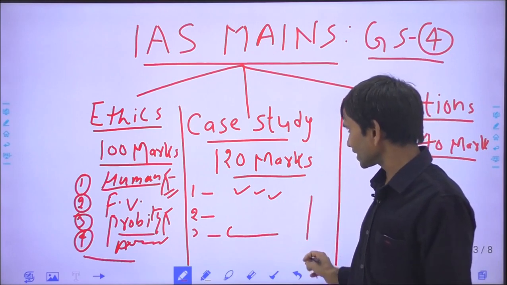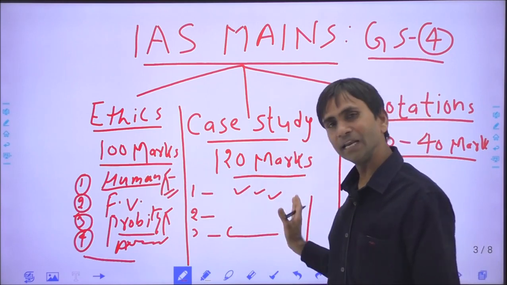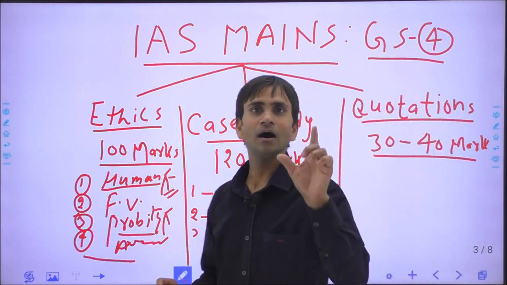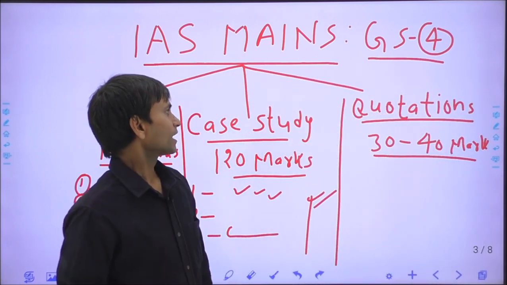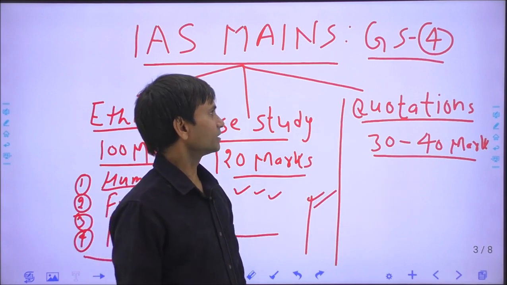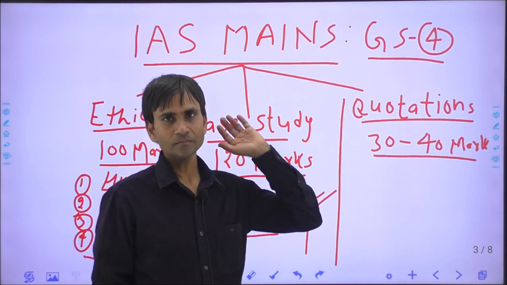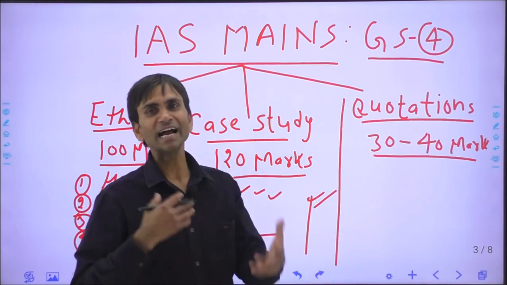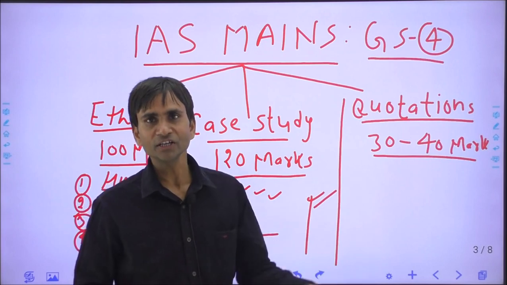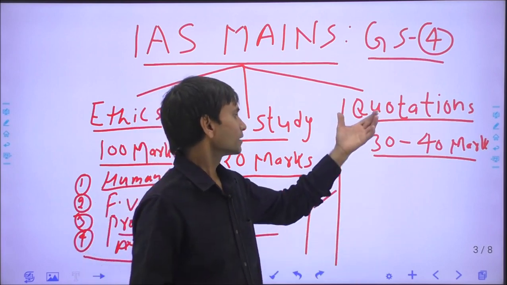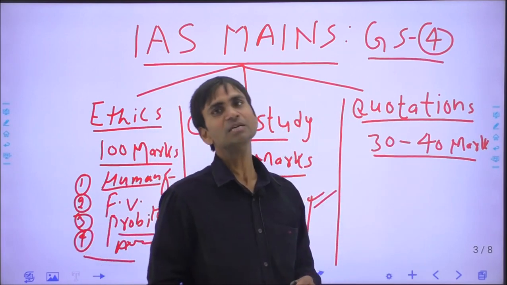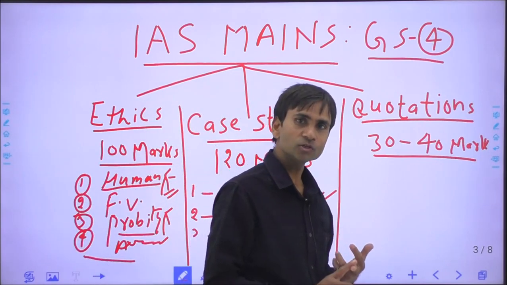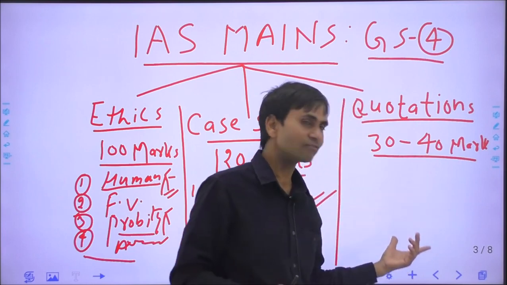If you have prepared the case studies regarding these values, definitely here you can secure good marks or the highest marks. And the last part of the syllabus is quotations or statements of important poets, scholars, scientists, philosophers, politicians. The statements of these personalities have social values, scientific values, or sometimes administrative values.